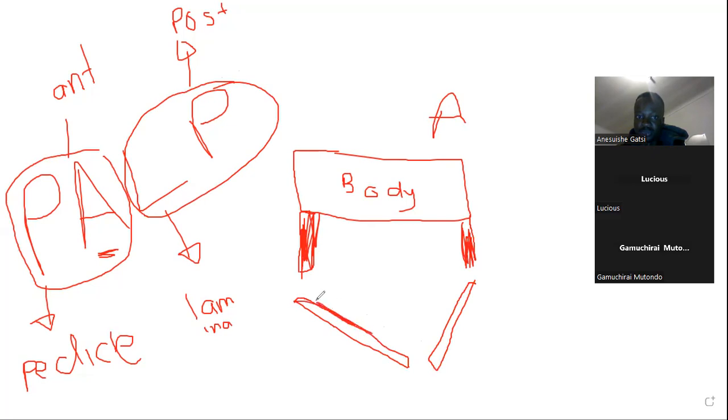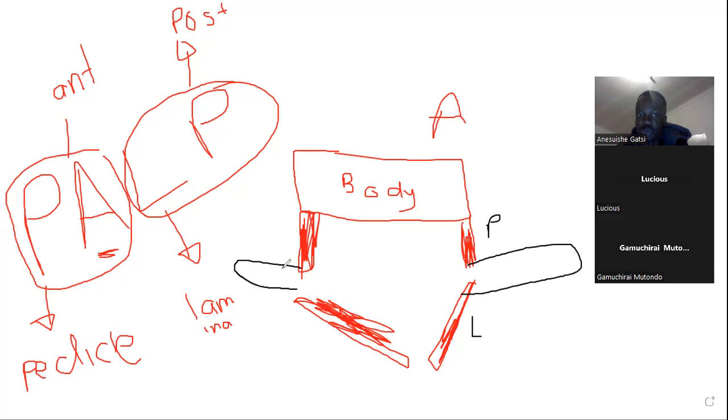Right. So don't mind the sketchy drawing. That's the way I draw things. So that's a pedicle, that's a lamina. Where a pedicle meets a lamina, I create a transverse process, the one that I'm labeling T. Right?